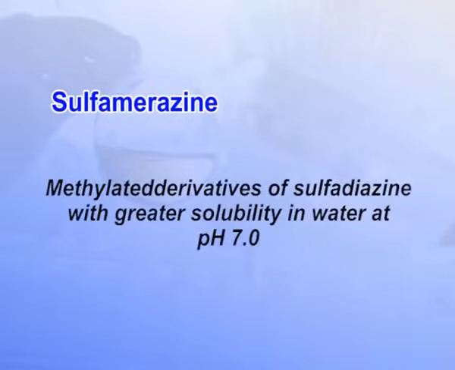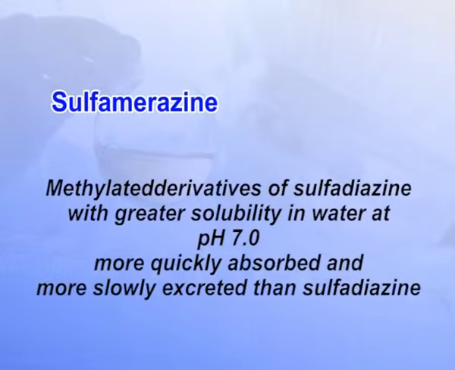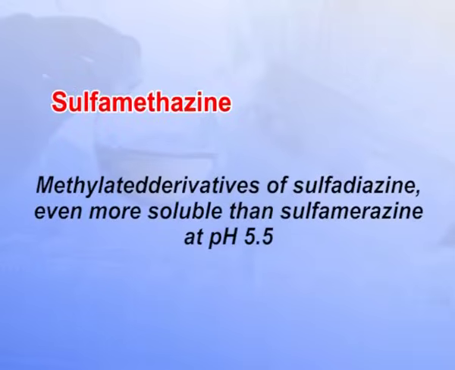It is a methylated derivative of sulfadiazine with greater solubility in water at pH 7, as well as being more quickly absorbed and more slowly excreted than sulfadiazine. After it, the next sulfonamide discovered was sulfamethazine, which is again a methylated derivative of sulfadiazine, even more soluble than sulfamerazine at pH 5.5.